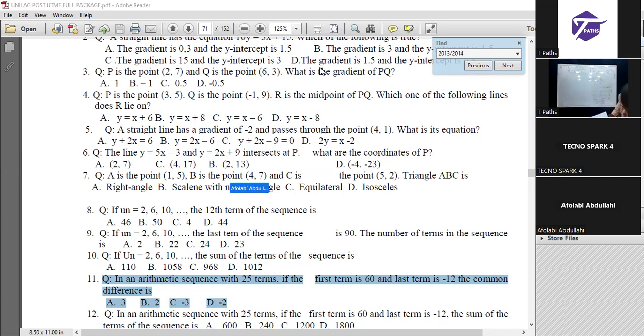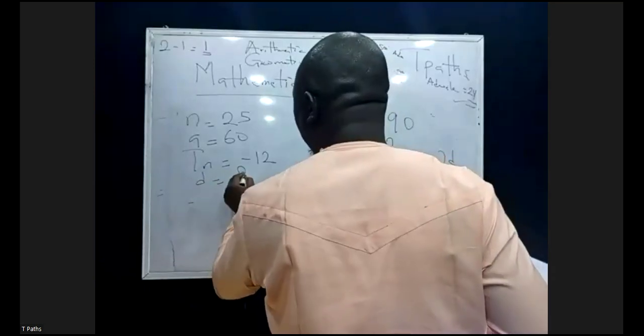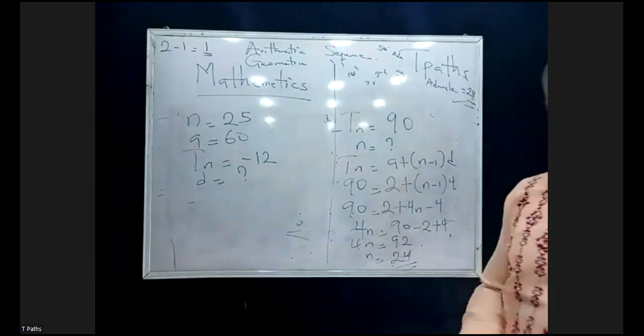They give you the parameters: n is 25, the first term A is 60, and the last term Tn is -12. Find d. I'm very sure the common difference is going to be negative.